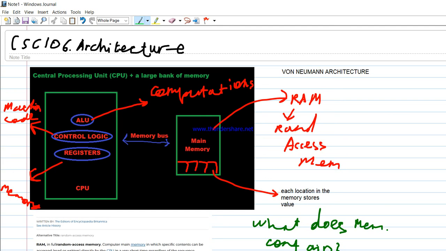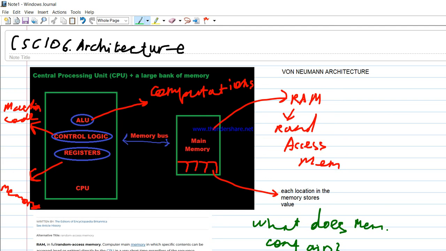The CPU is connected to the main memory using the memory bus. The main memory nowadays is represented by RAM. RAM is random access memory. For people who like definitions, according to Encyclopedia Britannica, RAM is main memory in which specific content can be accessed directly by the CPU in a very short time.